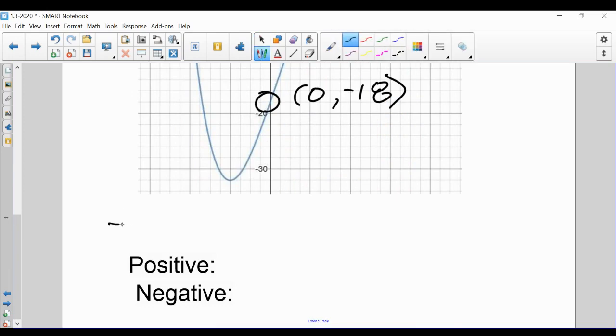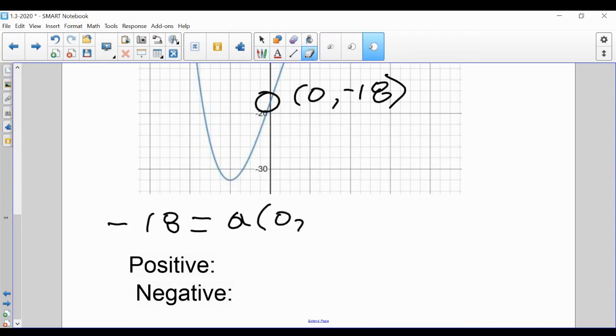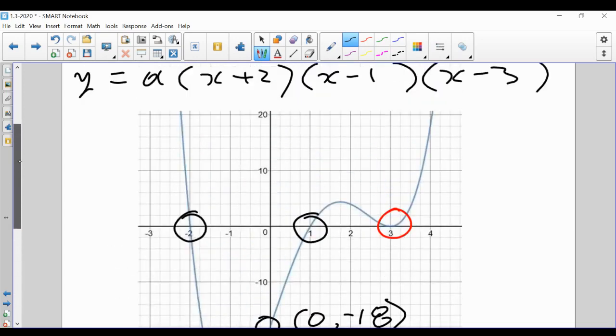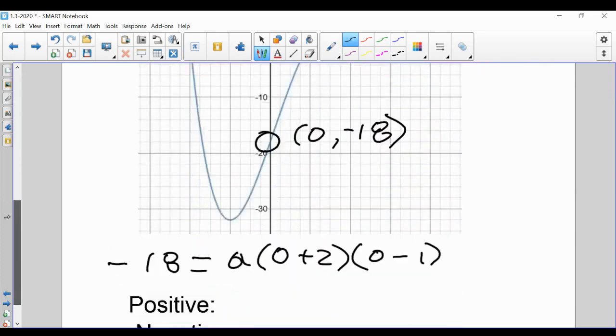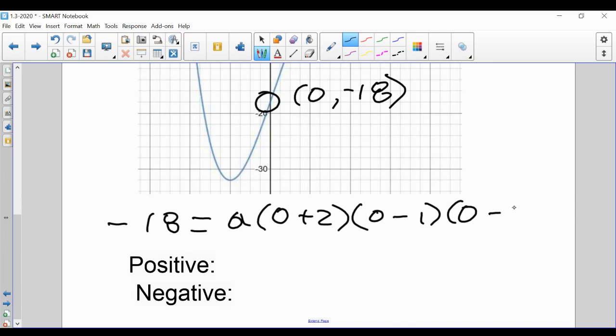So minus 18 is equal to the a, which we don't know, times x plus 2, and it's 0 plus 2. So 0 plus 2. The second bracket is going to be 0 minus 1. And the third bracket we agreed on was x minus 3 squared, so 0 minus 3 squared. I think that's what we agreed on.